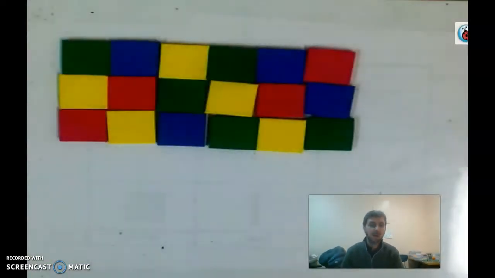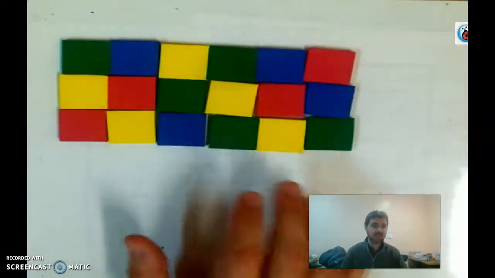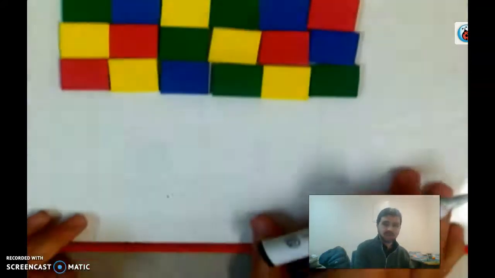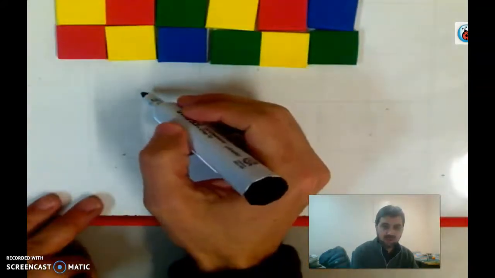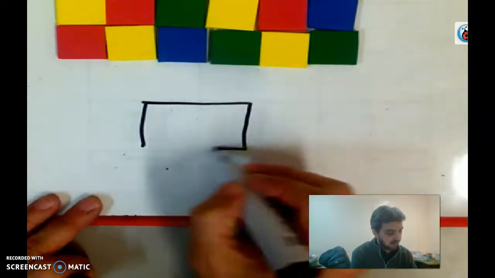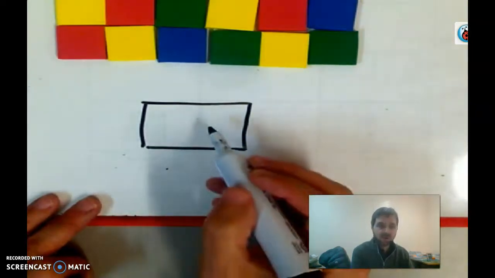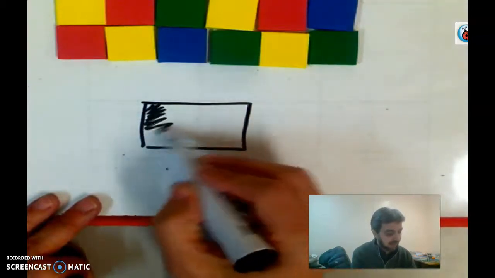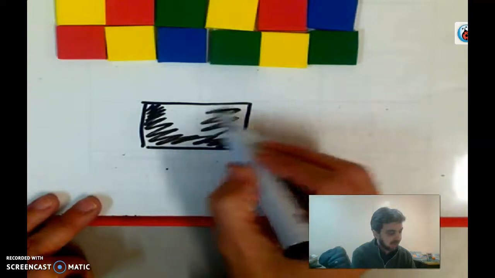So here's a real basic example of area. Remember that the area of a rectangle, if I were to just draw a rectangle, is how much space is inside of it. All of this space right here.